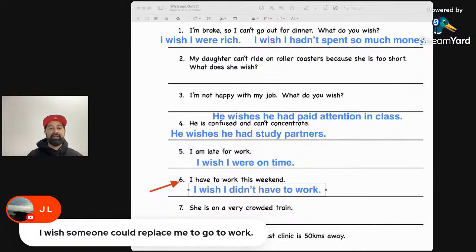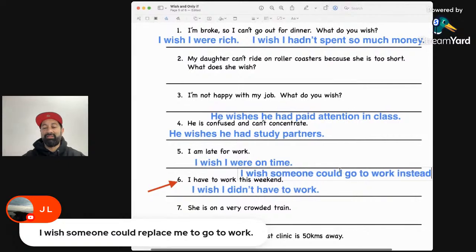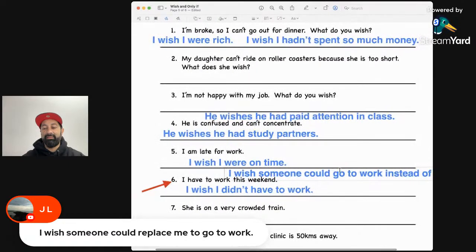JL has an answer. I wish someone could replace me to go to work. Yes, perfect. If we want to make this using a few different words, JL, I wish someone could go to work instead of me.